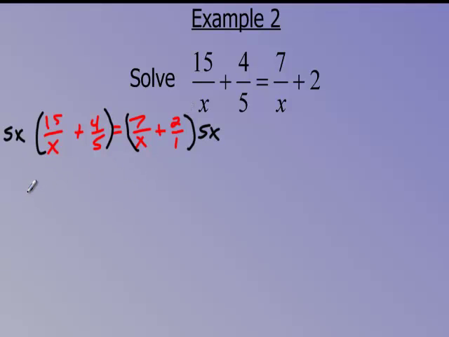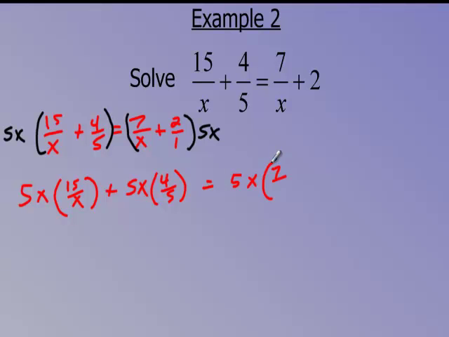So what I'll have is, in essence, 5x times 15 over x plus 5x times 4/5. And then we're going to distribute the 5x over here on the other side as well. So I'll have 5x times 7 over x plus 5x times 2.